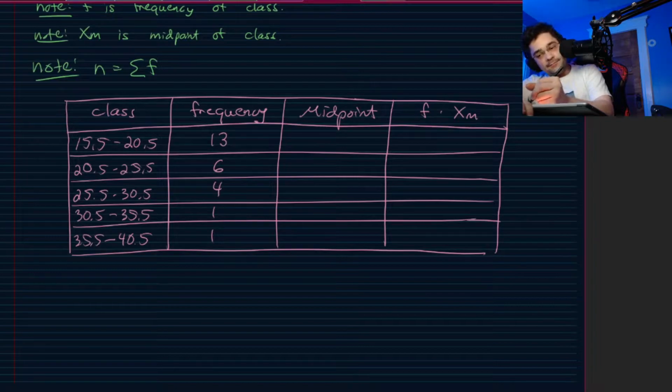So how do we find midpoints? Well, it's essentially just averaging the 2 limits. So you add them together and then divide by 2. So I guess let me put that here as well.